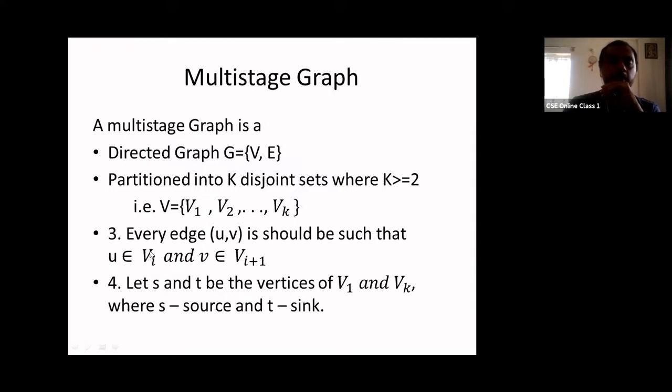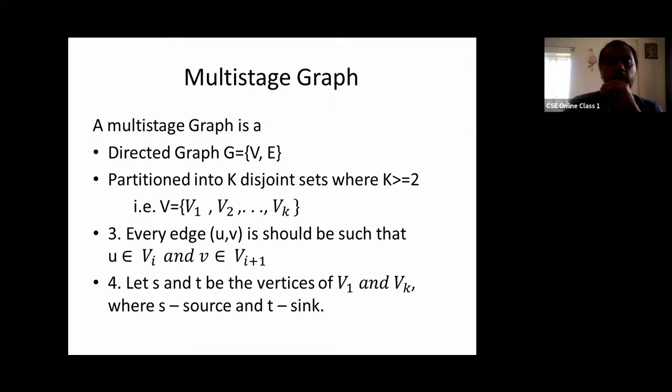Capital V here indicates a set, and you can also consider them as stages. If the edge originates from the previous stage, then it should connect to a vertex in the next stage. So we cannot have edges connecting vertices of the same stage. This is the condition: every edge should originate from one stage and connect to a vertex of the next stage.